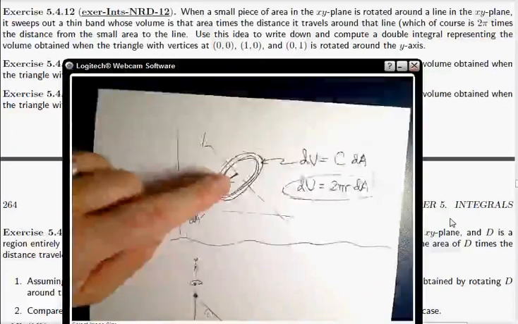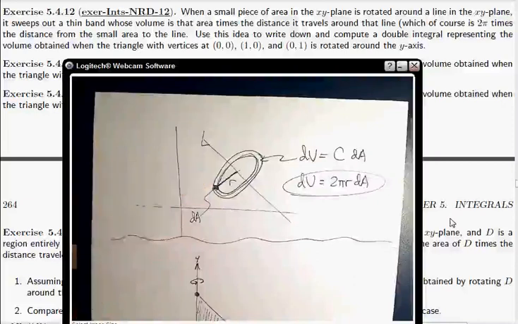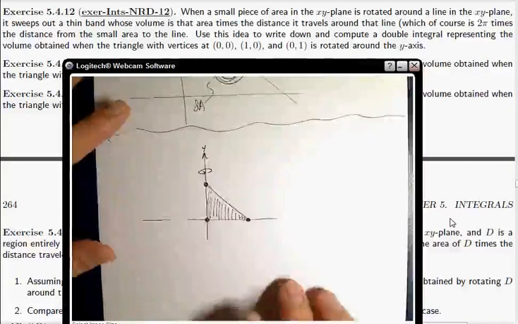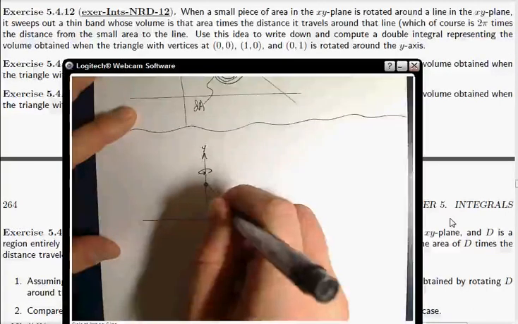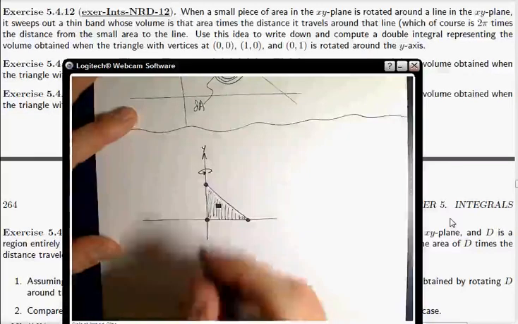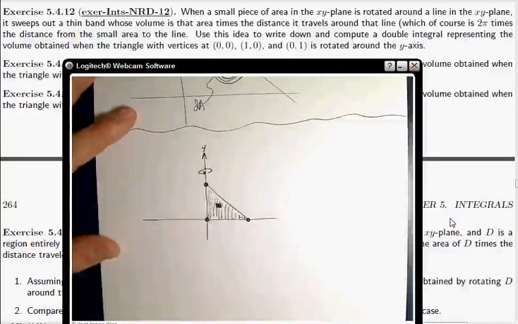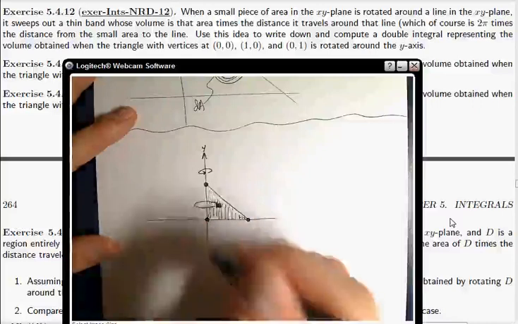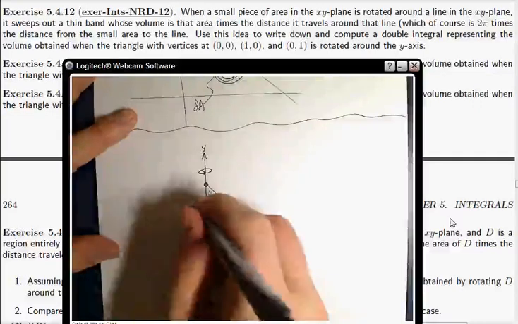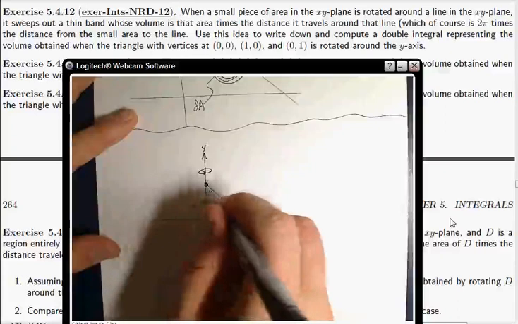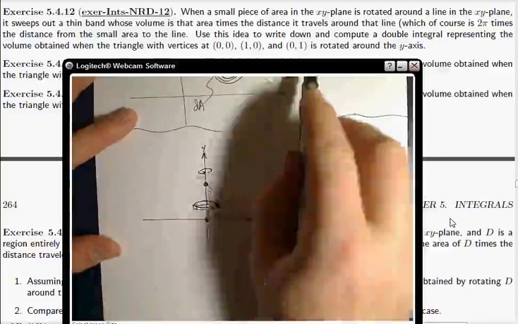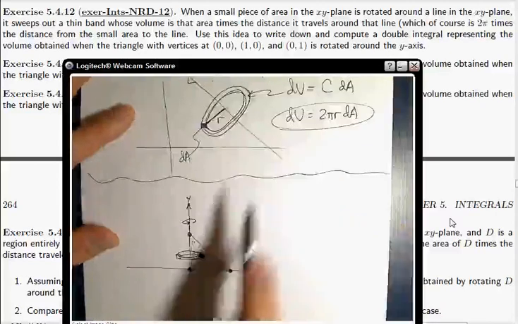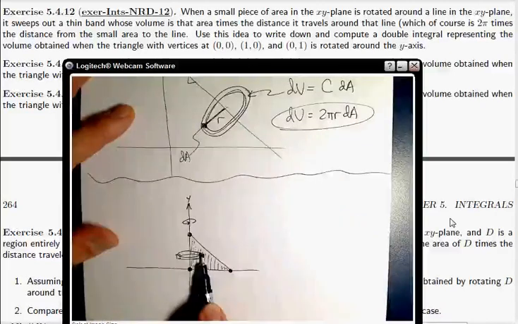But I don't want to draw the picture. I want to use this idea here to make sense out of this. I claim that if you look one at a time at little bitty pieces of area here and ask how much volume that little thing makes as you rotate it around, then if you add up all these little volumes, corresponding to all these little pieces of area, they'll give you the total volume.